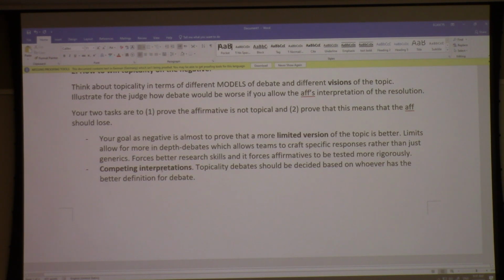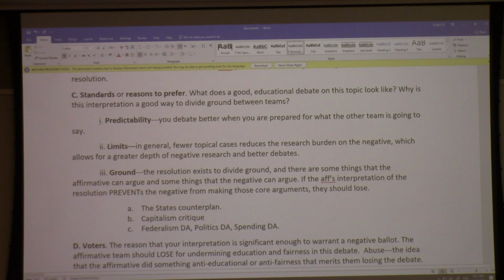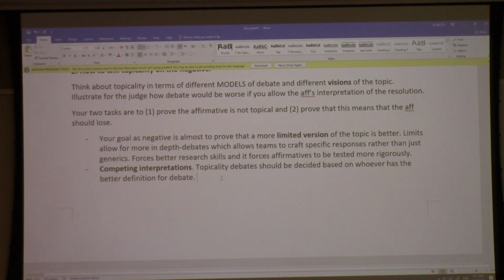So we'll get into this a little bit more later when we talk about reasonability, which is the affirmative alternative to competing interpretations. But the idea of competing interpretations basically argues that anything that they're winning on the standards debate, so if the negative is winning just like one example of limits, of the way that their vision for the resolution is more limited, or one example of why their vision of the resolution is more predictable, then they should win the debate.